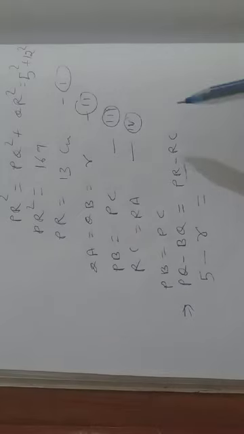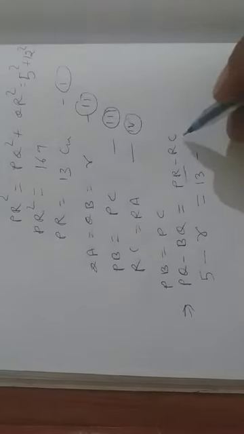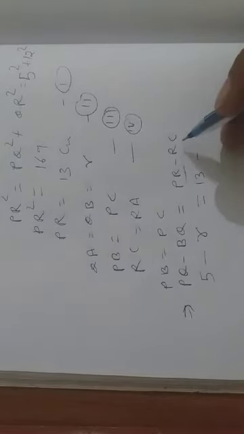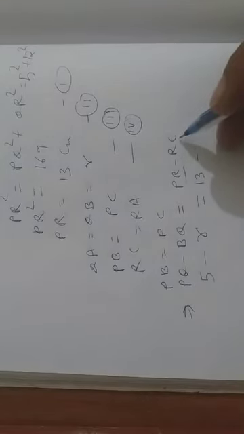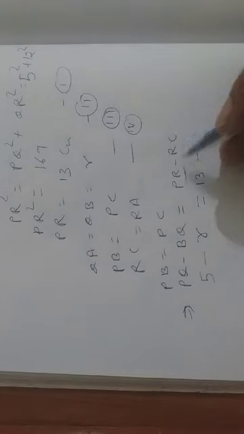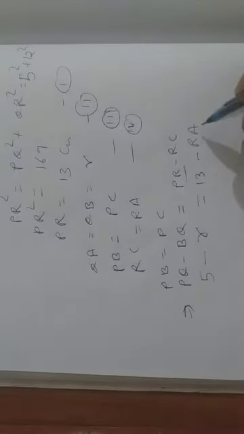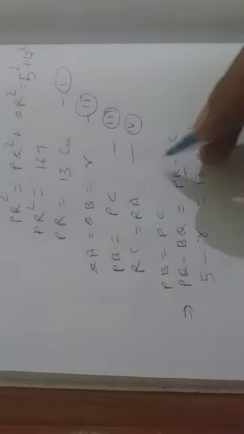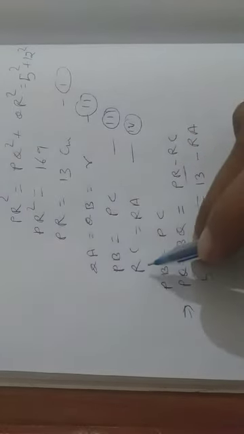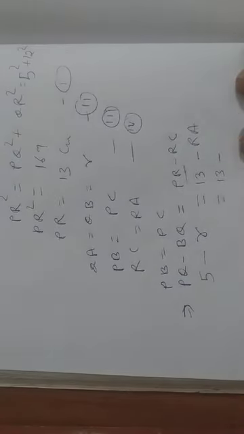So 5 minus R is equal to PR, PR is equal to 13 centimeter minus RC. We can write RA in place of RC, because RC is equal to RA. Now what can we write in place of RA?